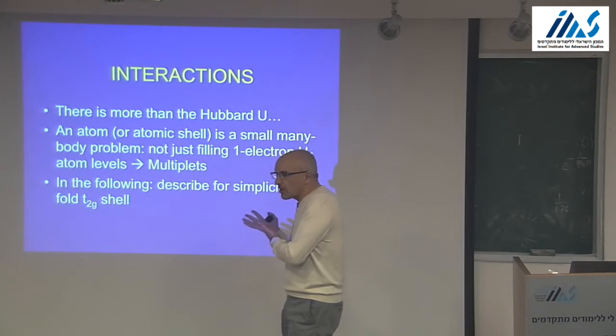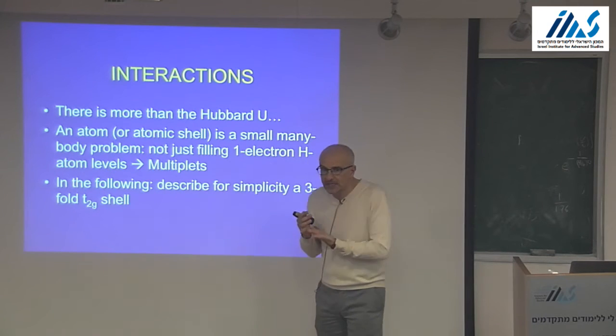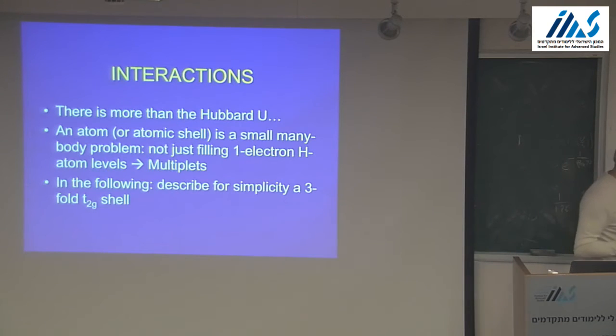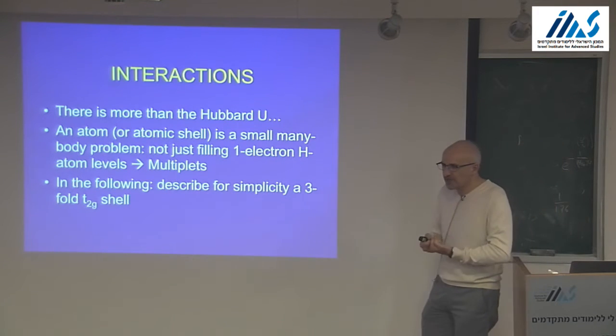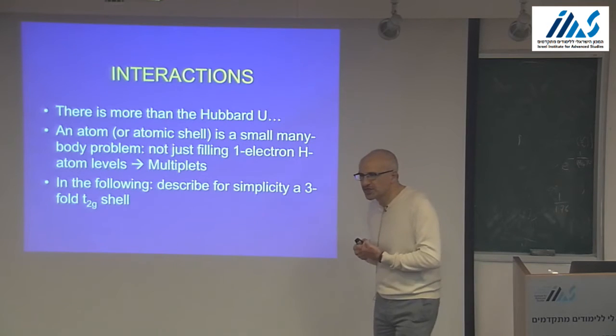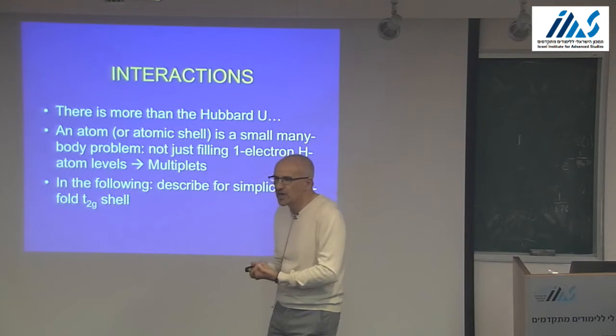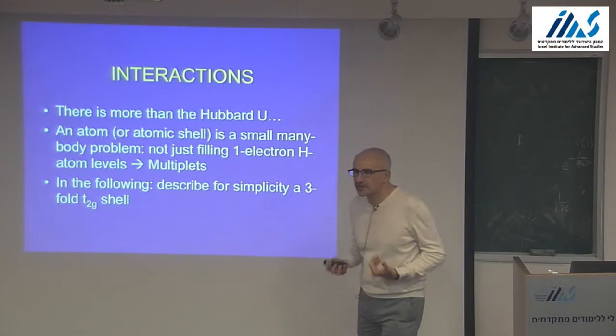So there is more in multi-orbital systems than just a Hubbard U, and hopefully, if I ever get there, in the third lecture, you will see manifestations of another coupling, which is the Hund's coupling J, that I'm going to mention in a minute, that plays a big role in inducing electronic correlations in ruthenates, we think.